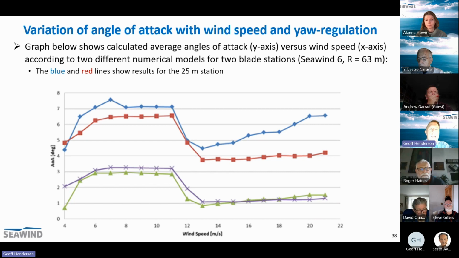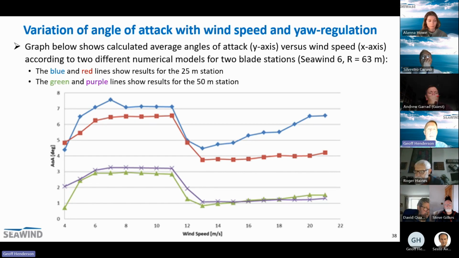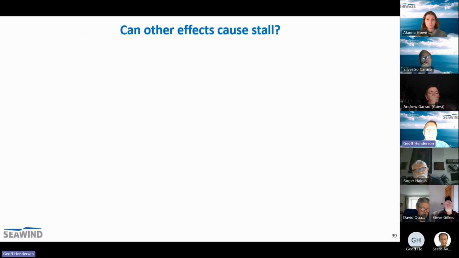So the blue and red lines show the result for the 25 meter station as a function of wind speed. So the turbine is yawing out of the wind as wind speed increases. And you can see that the angle of attack is well below 8 degrees. In fact, it reduces above rated. And the green and purple lines show the results for the 50 meter station.